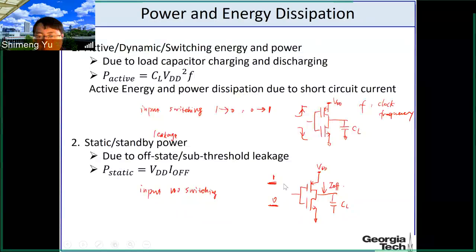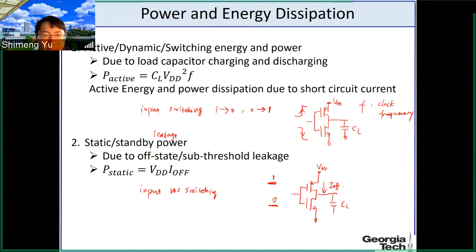Because here we are not doing computation, it's like a sleep mode of the circuit. Then the leakage is consuming power as well. That's why your smartphone is draining the battery even in sleep mode. This is what we discussed in lecture 10. The I off current is contributing to the leakage power.